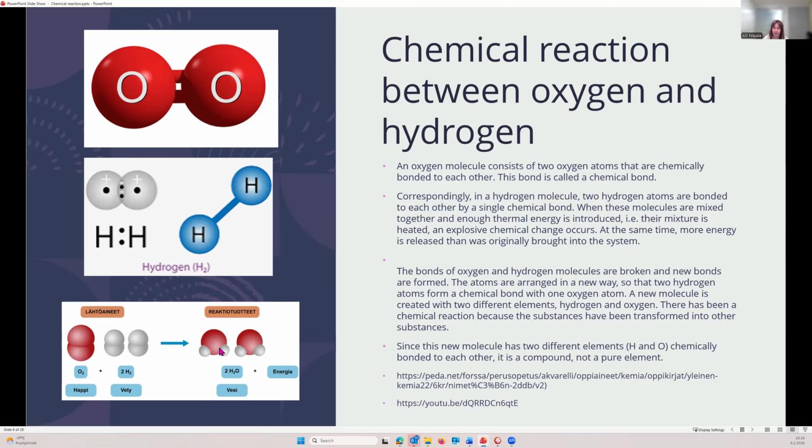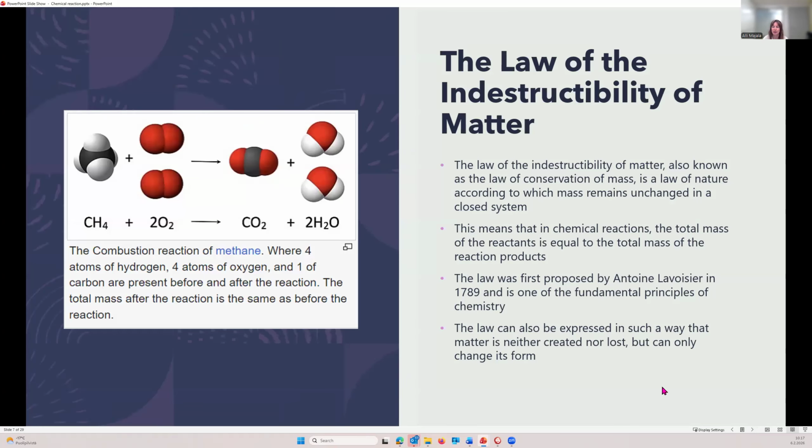It's not a pure element. And you also then create energy. And this is what you usually create in a combustion reaction. We will talk about combustion more later on in the course. But here is just an example of a chemical reaction.